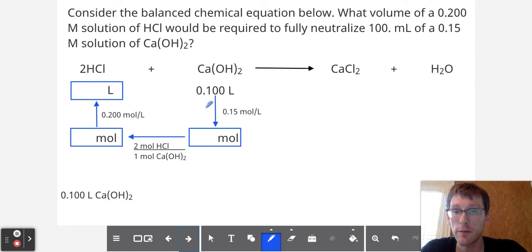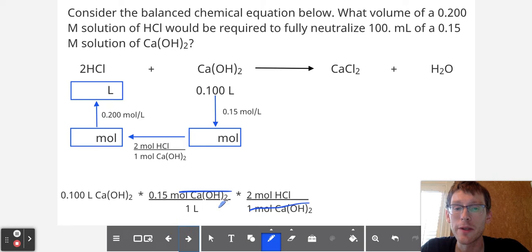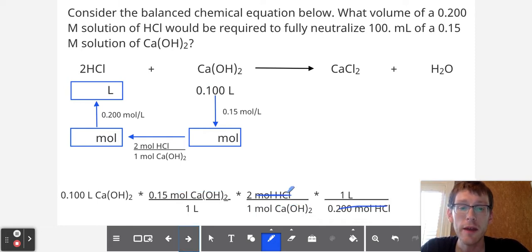We start off with what we're given, the 0.100 liters of calcium hydroxide, and we're going to multiply by the molarity, and then we're going to multiply by the mole ratio of 2 HCl to 1 Ca(OH)2, and then we'll multiply by the reciprocal of the molarity of HCl so that we have liters as the numerator and the moles of HCl cancel out.